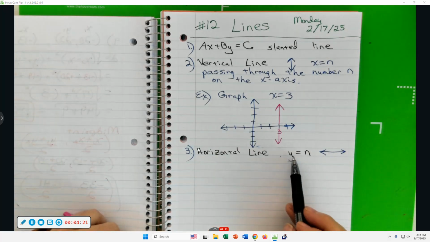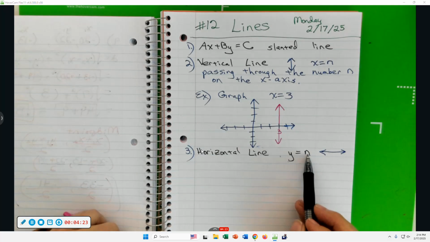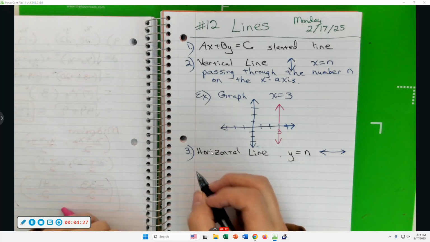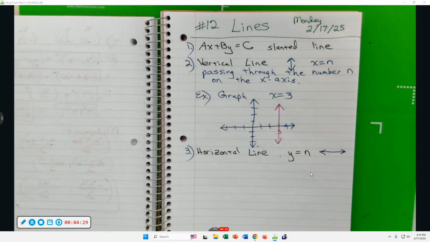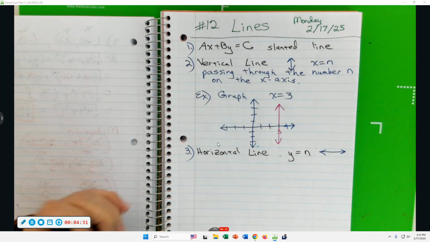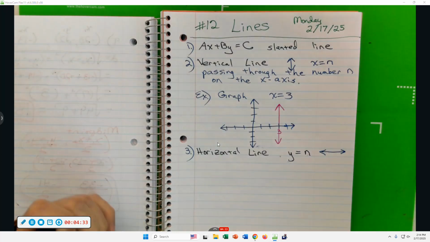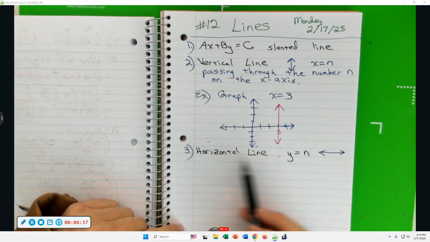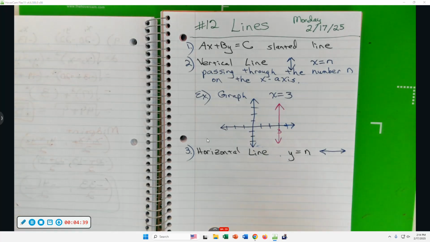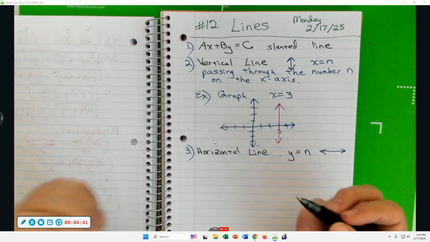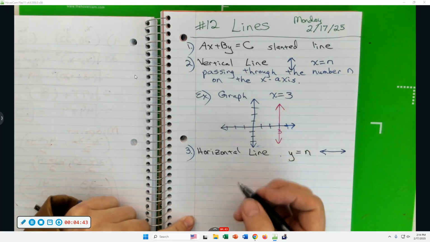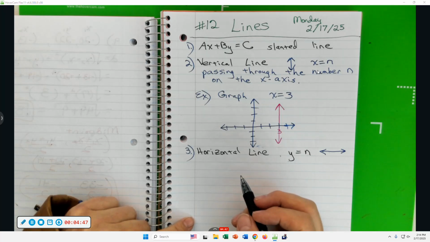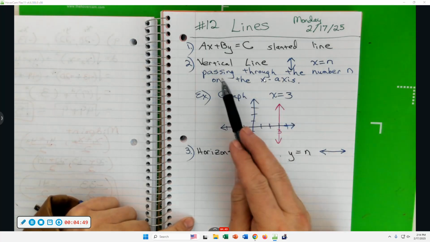But the equation has to be in the form y equals a number. Now rewrite this sentence, replacing the letter x with y.